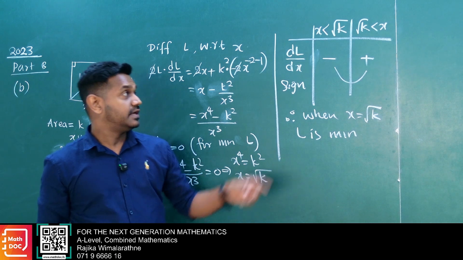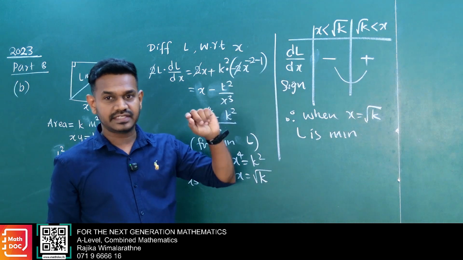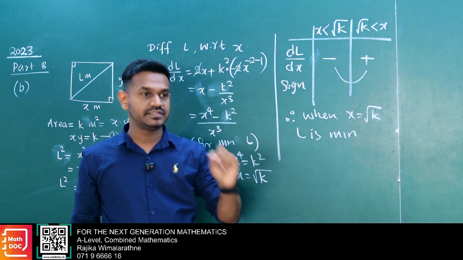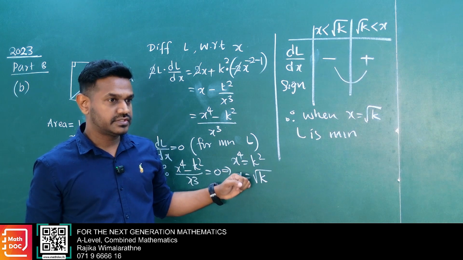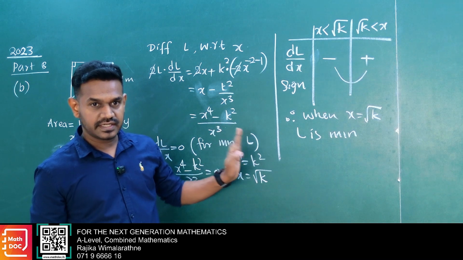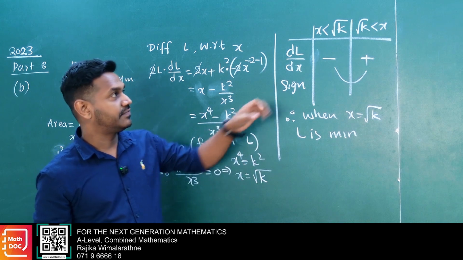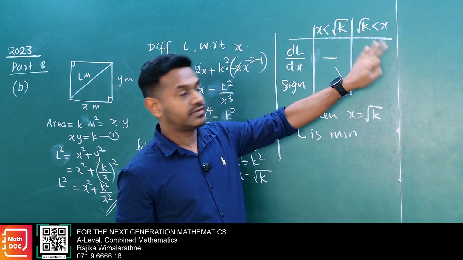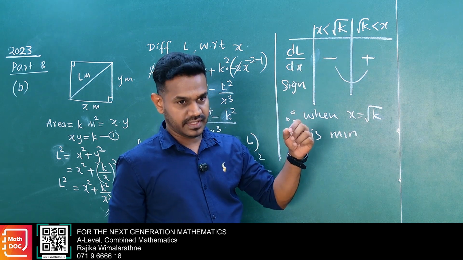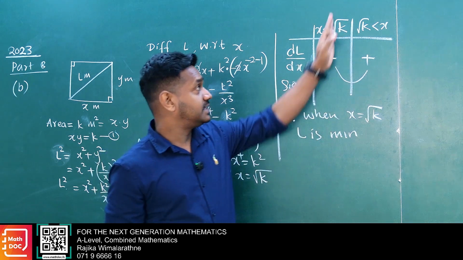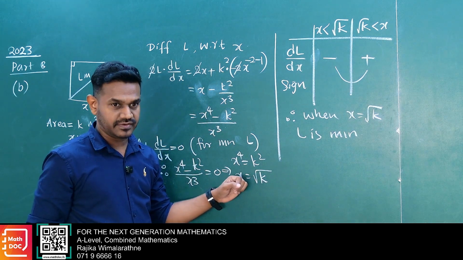Here we check the sign of dL divided by dx. We have to show that it is a minimum, so you need to consider the critical value and check x values greater than root k and less than root k. At x equals root k, it is 0.